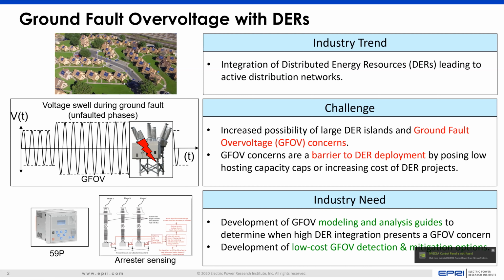So what is the main challenge with GFOV? It's basically that with increased levels of DERs, the GFOV concern becomes more significant. The overvoltage is expected to increase, and that is essentially a barrier to large-scale DER deployment. It either imposes low hosting capacity caps on distribution networks.